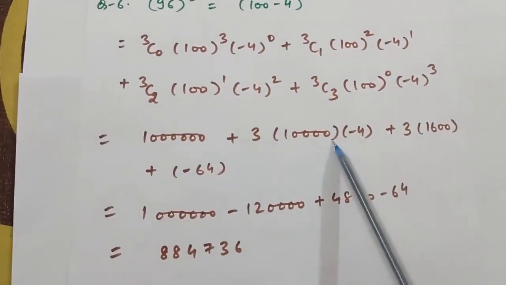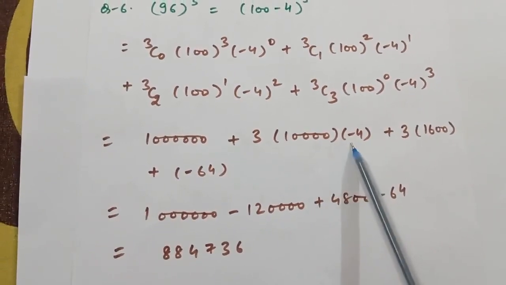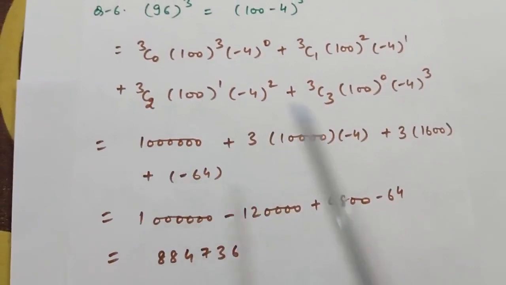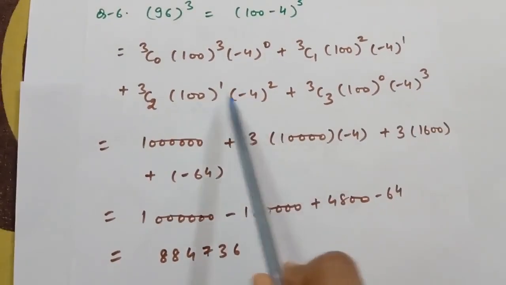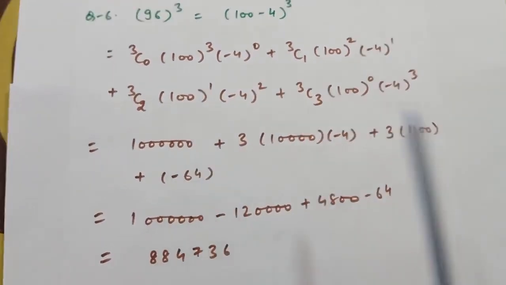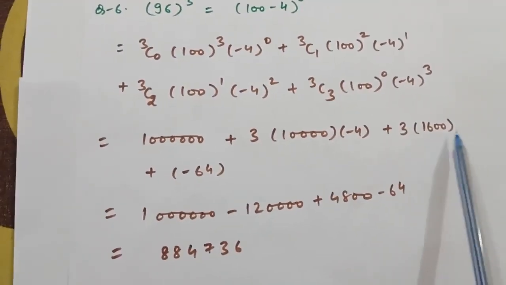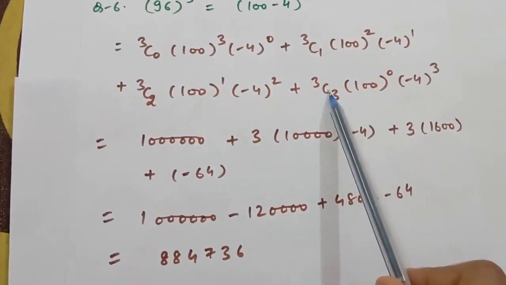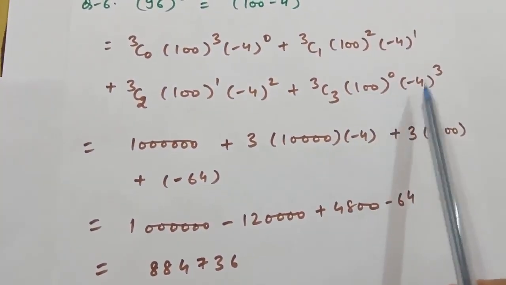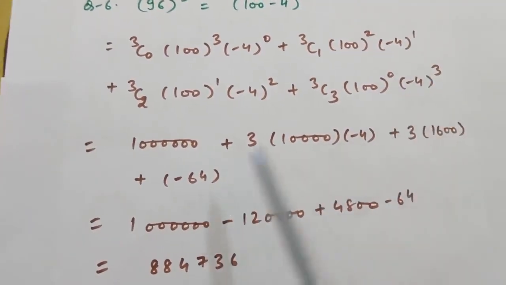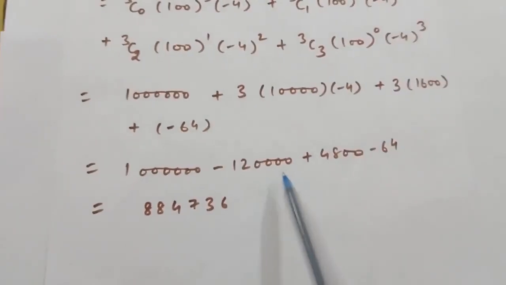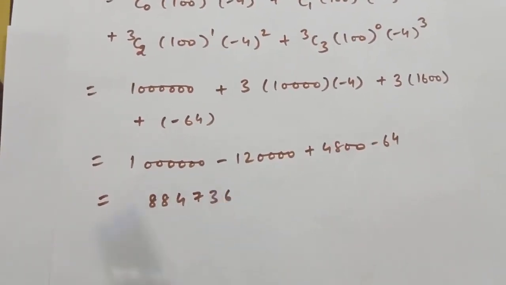This is 100 square, that is 10,000 into minus 4 plus 3c2 is 3, and when you multiply this, you will get 16 into 100, that is 1600, plus 3c3 is 1. 100 raised to the power 0 is also 1, therefore we will get minus 4 cube, which is minus 64. Now you will solve these terms and you will get the value as this.